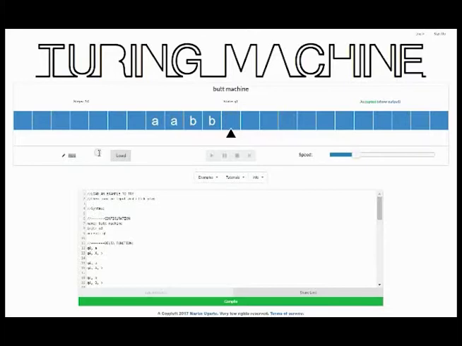So in this Turing machine, the initial state is Q0 and the accepting state is QL.